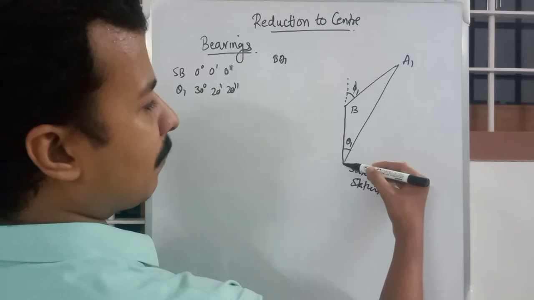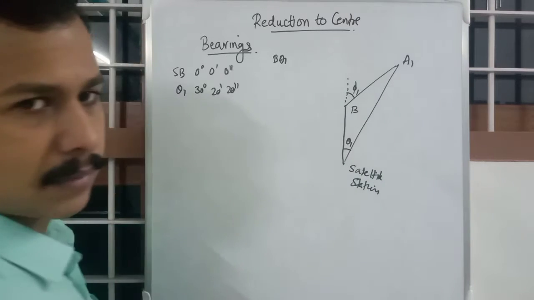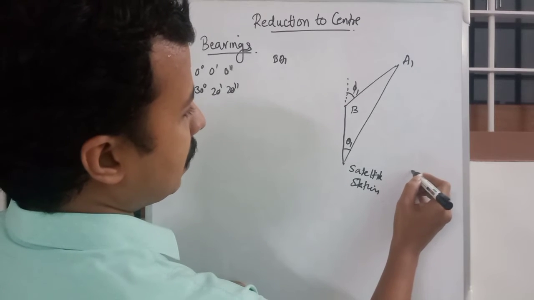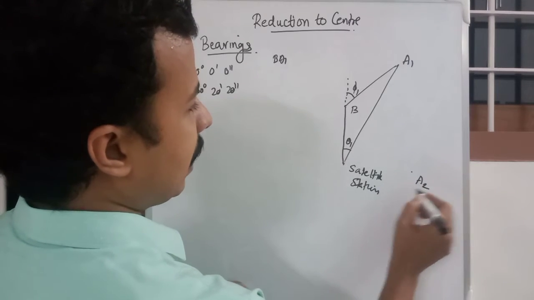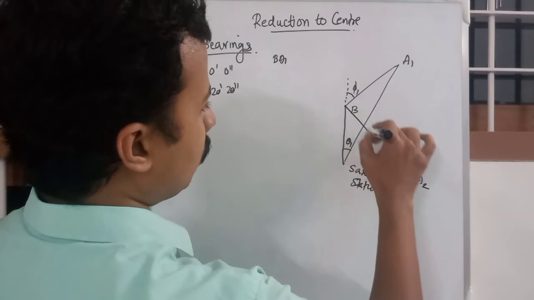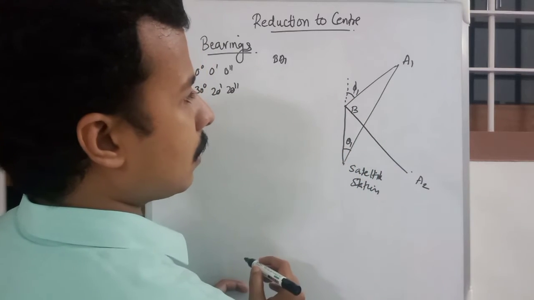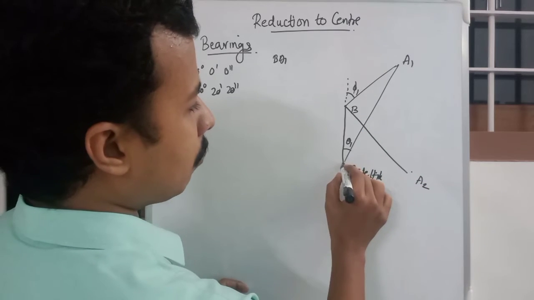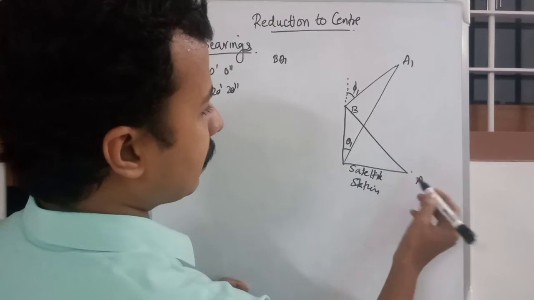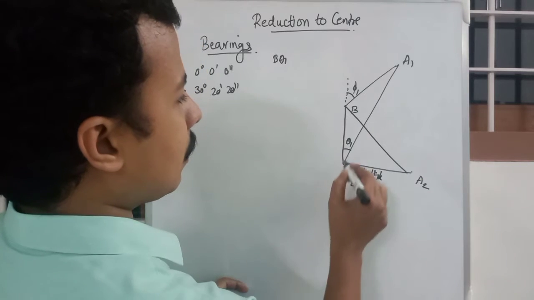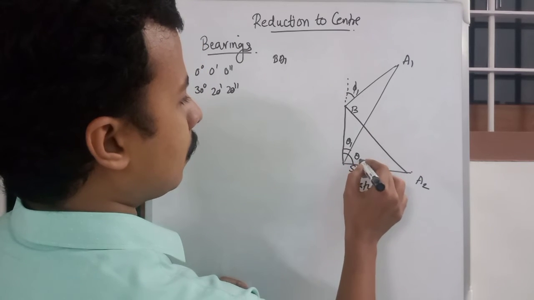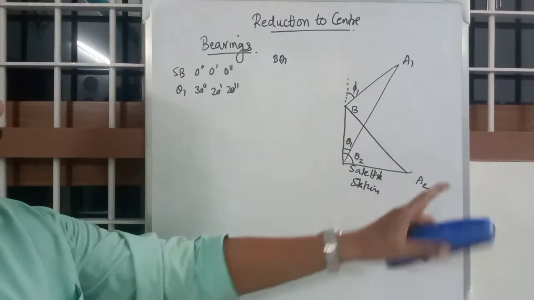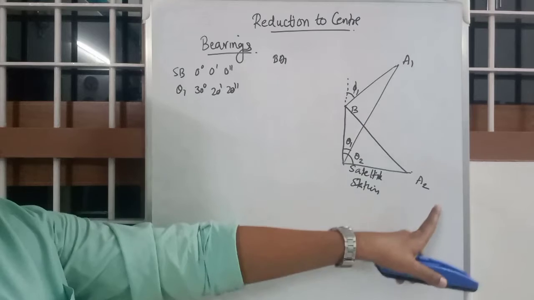Right now we have bearing of line joining SA1, okay. So again, suppose here is another station, that is A2. We want to find out the bearing of BA2, but right now we only have theta 2, okay. It can be n number of stations, so there is no limit to 2 stations.